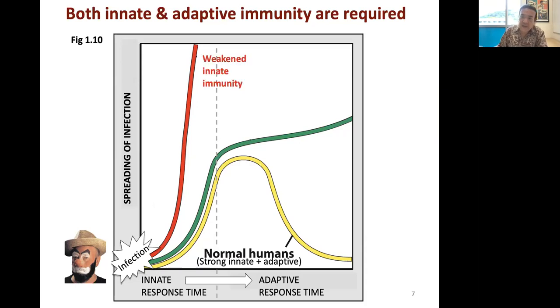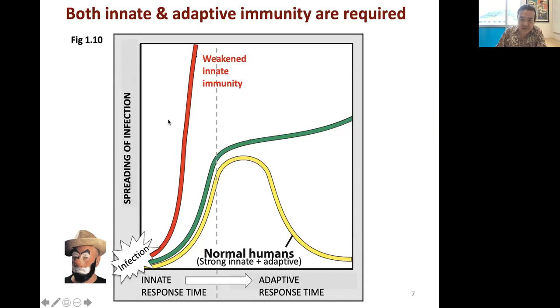You can imagine some people may be born with alleles in the genes or mutations in certain genes that code for these different parts of their innate immune system, proteins that function by themselves or parts of cells. So those people might have a weakened innate immune system, even though they still have a perfectly fine adaptive side, right?